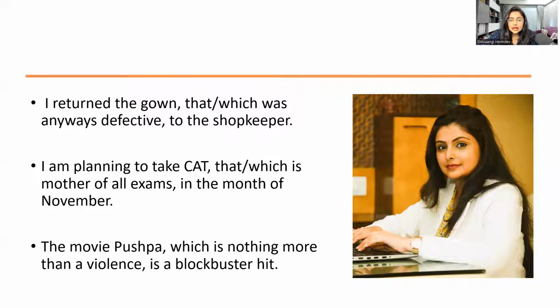I returned the gown that slash which was anyways defective to the shopkeeper. Now look at this. I returned the gown to the shopkeeper is absolutely correct. Obviously, I returned the gown because something is wrong with that gown. So this information is an extra information, an additional information in the sentence.